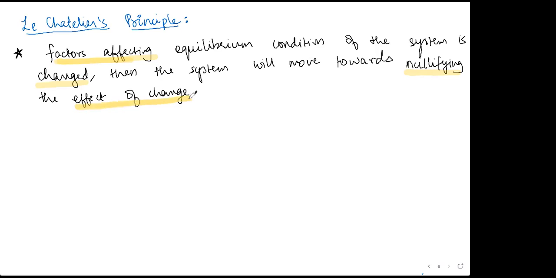If it's going to favor the forward reaction, then see whether that particular factor, whether it's temperature change or pressure change, is going to nullify that particular change or not.